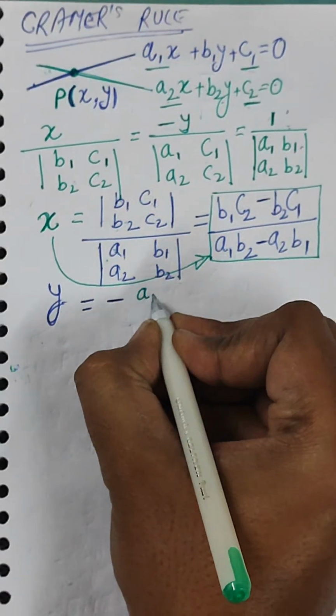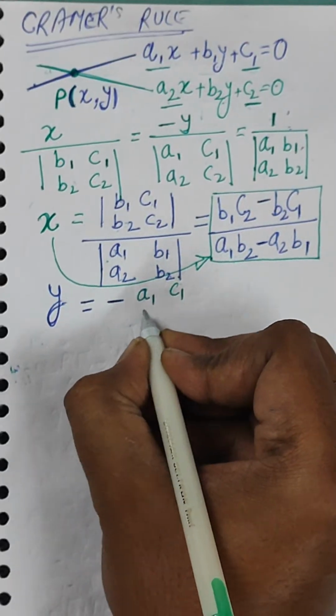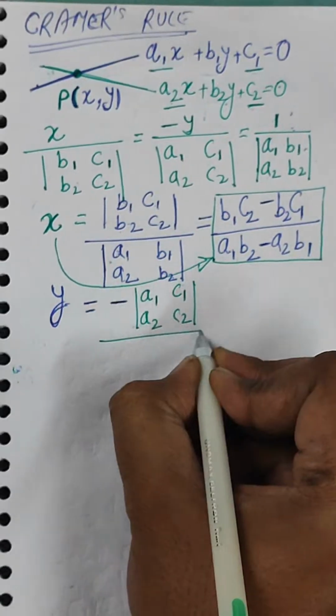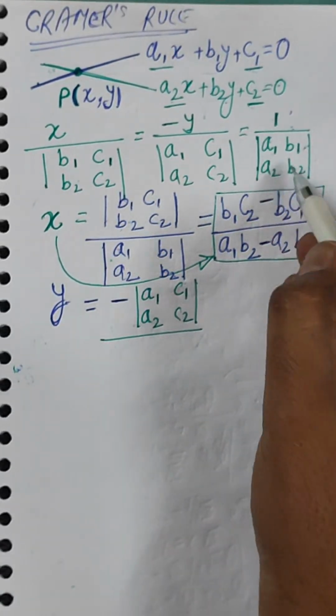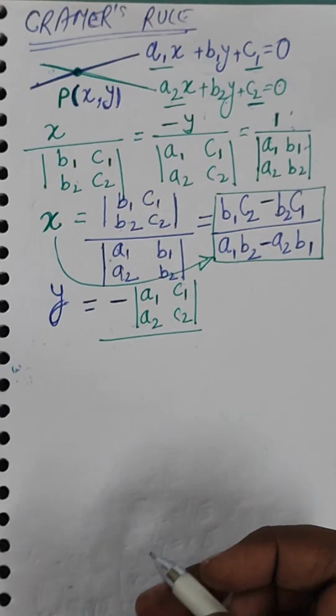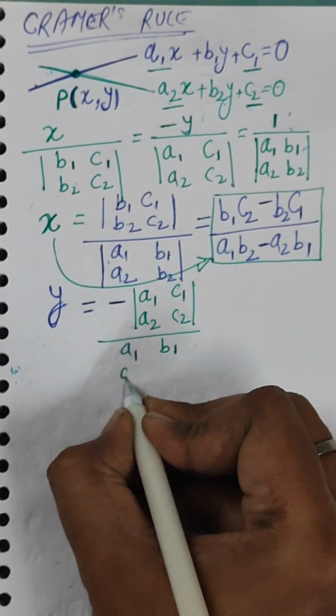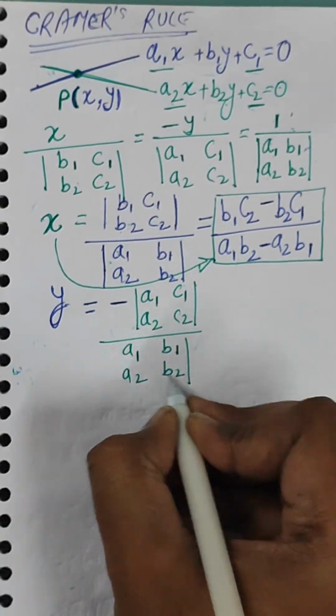So this will be a1 c1 a2 c2 in the determinant format divided by the denominator of 1, that is a1 b1 and a2 b2. This is a1 b1 and a2 b2, right?